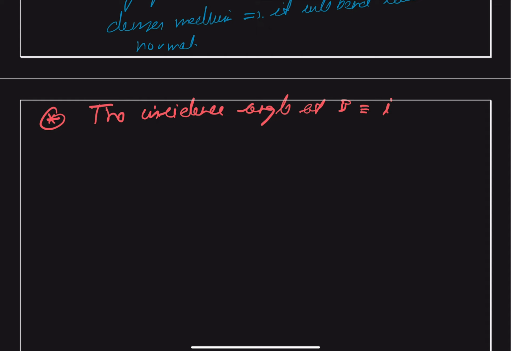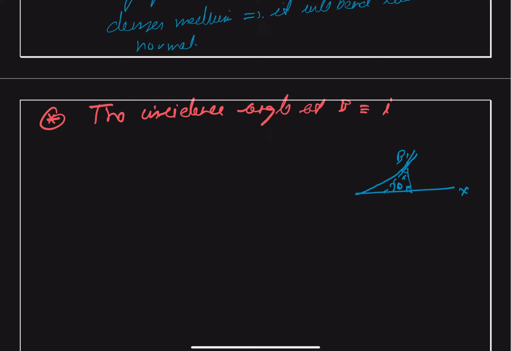This is our x-axis, this is our point B, this angle is our theta, this is our angle I, and this is our 90 degrees.